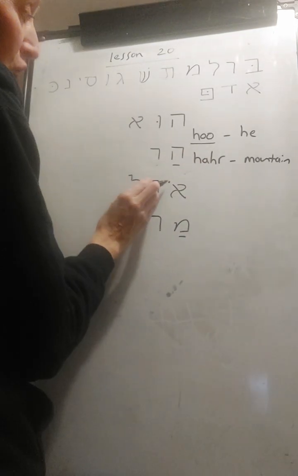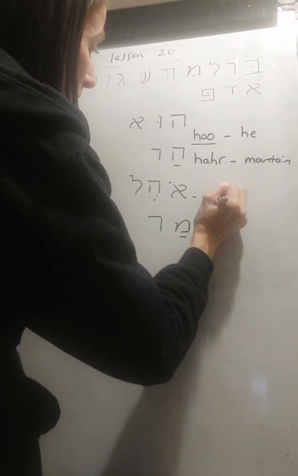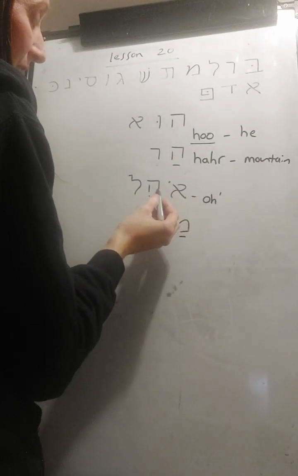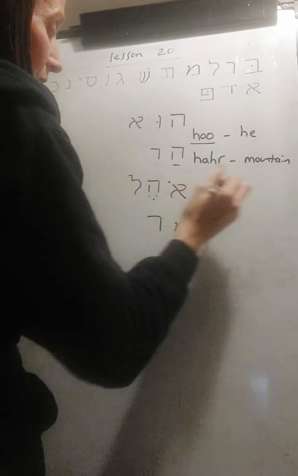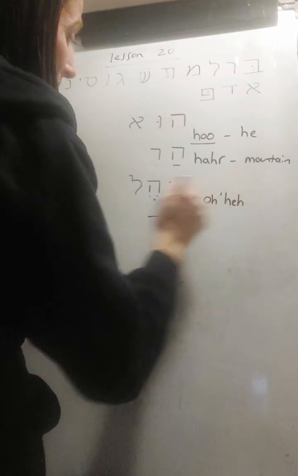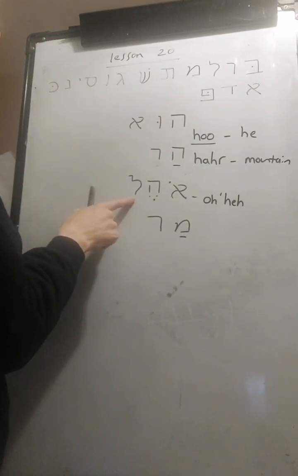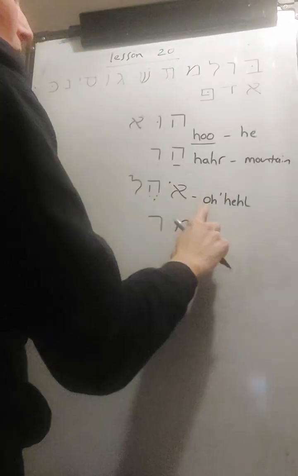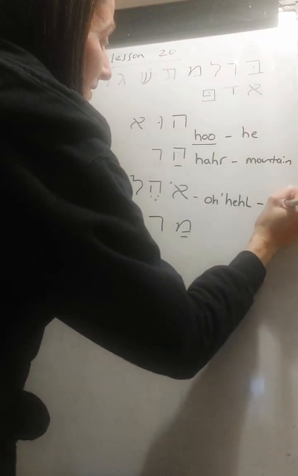The dot to the top left is the O vowel, so it starts as O. Go to the next consonant, the hey, which sounds as ha, then the vowel sound, the air vowel, so you add that in. Then go to the next consonant. There's no vowel underneath, so it's closing, so it blends in: ohel, O-L, and that means tent.